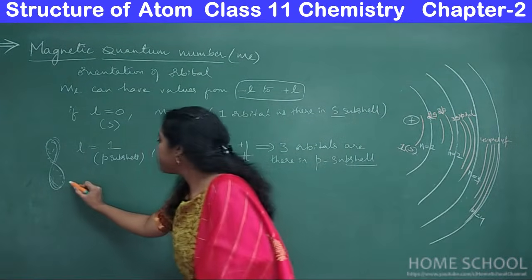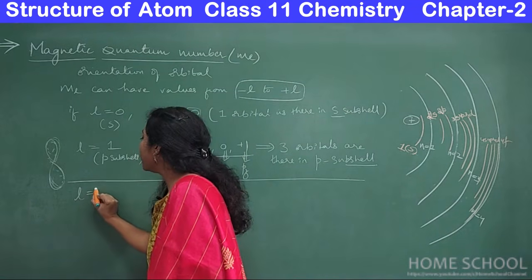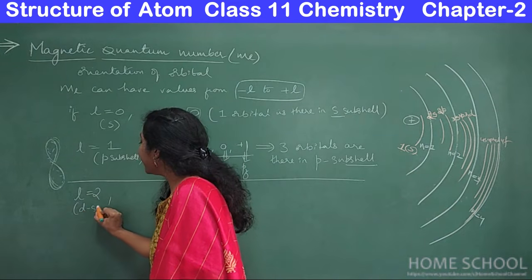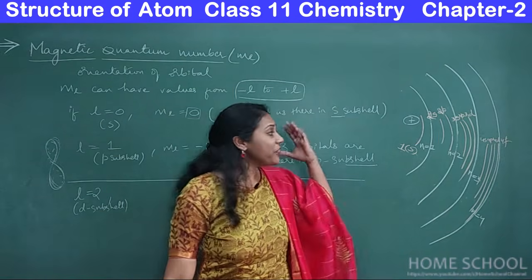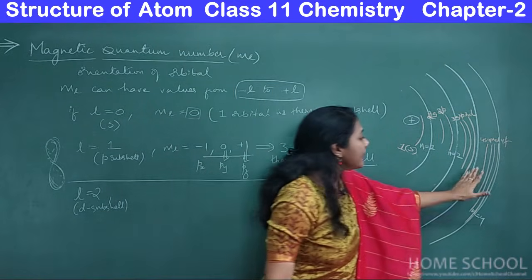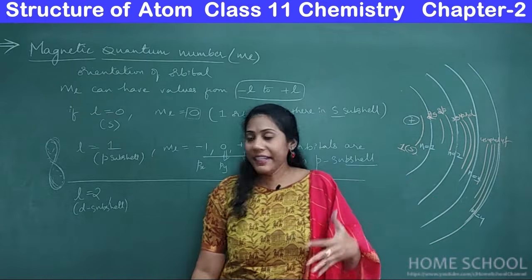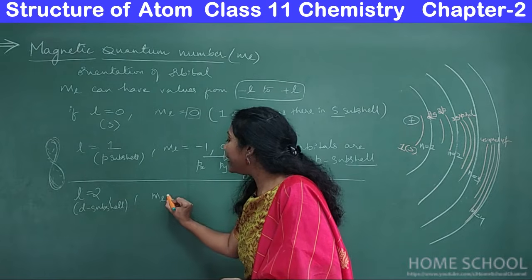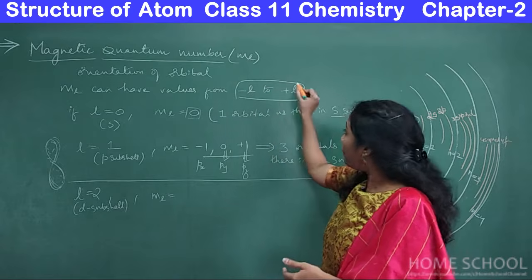Fine. Now let us talk about L is equal to 2. L is equal to 2 means the d subshell. You will observe the d subshell from the third shell onwards. So when L is equal to 2, can you tell me how many ml values are possible? Minus 2 to plus 2.